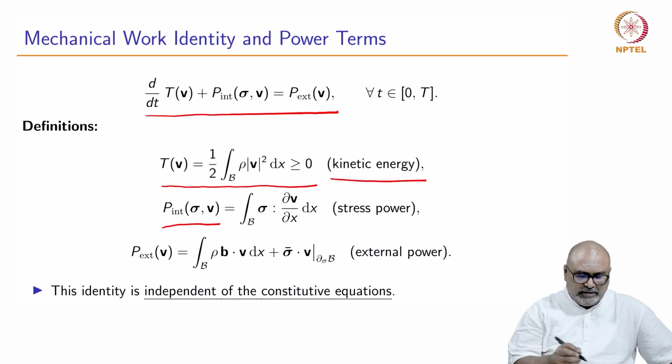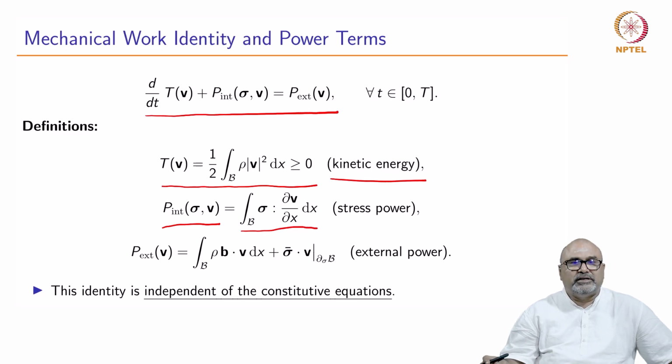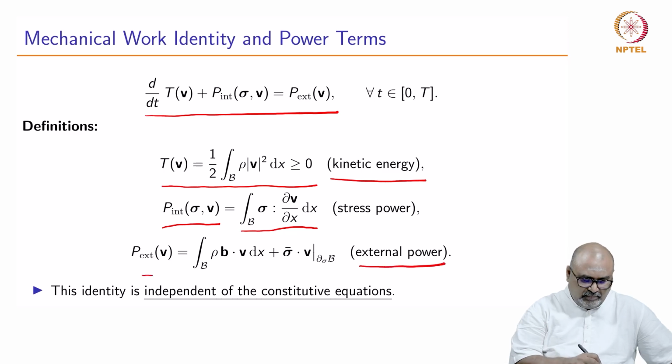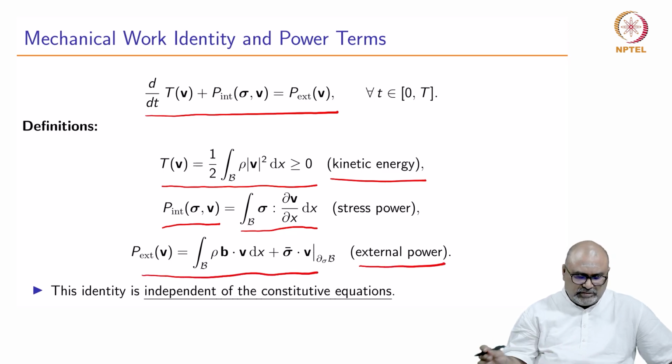P internal is the internal energy stored inside the body, which is called the strain energy, or stress power. So, integral of sigma double contraction ∂v/∂x dx. Then we have the external power, which is the work done by the external forces or by the body force: integral over the domain of rho b dot v dx plus sigma bar dot v defined on the boundary ∂Ω_σ.